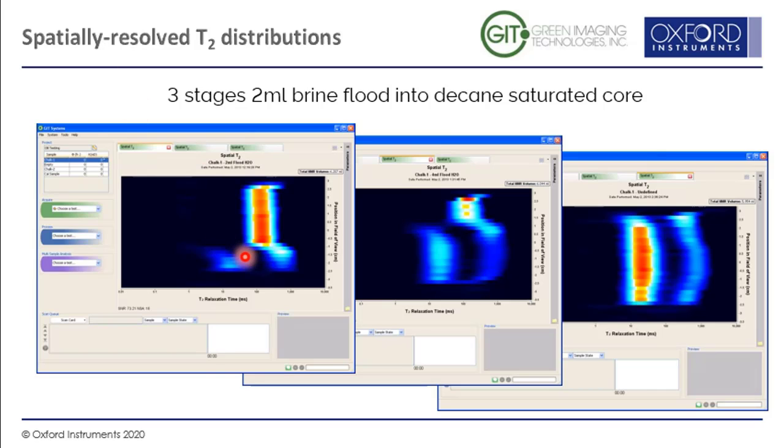This slide shows a time sequence where brine is flooded from the bottom into a decane saturated core. We can see that the predominant T2s move to the left or shorter values as the flood progresses, indicating that the fluid is moving into the smaller pore spaces.